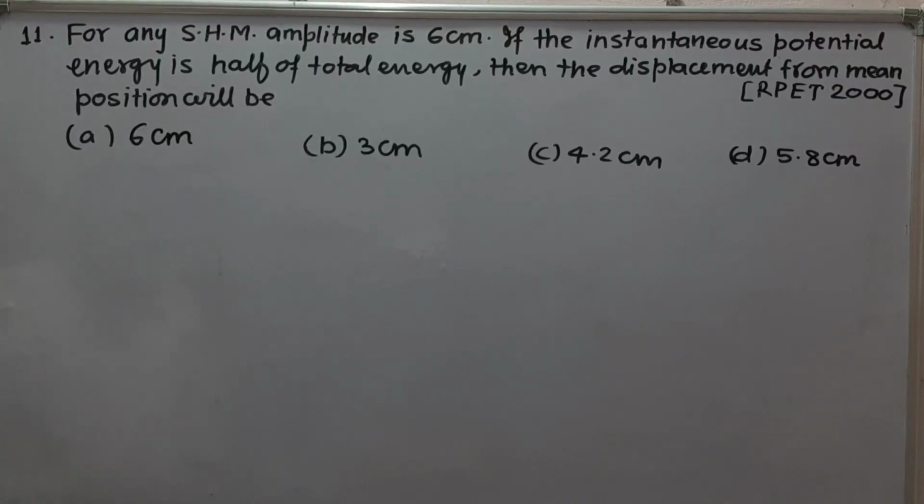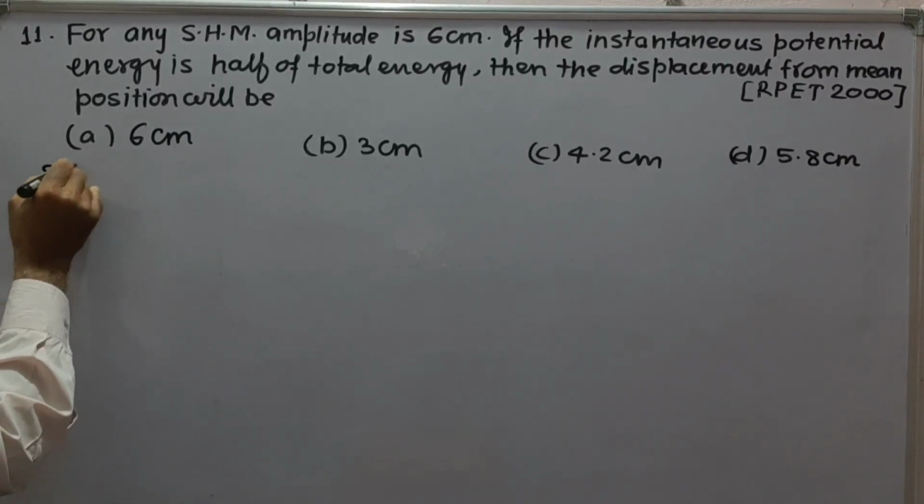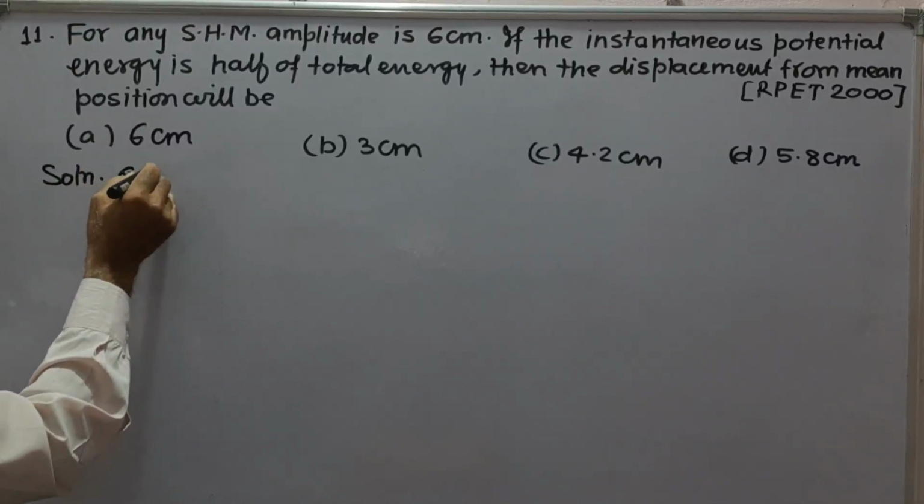Next question number 11. The question is, for any simple harmonic motion, amplitude is 6 centimeter. If the instantaneous potential energy is half of total energy, then the displacement from mean position will be. So solution to question 11.